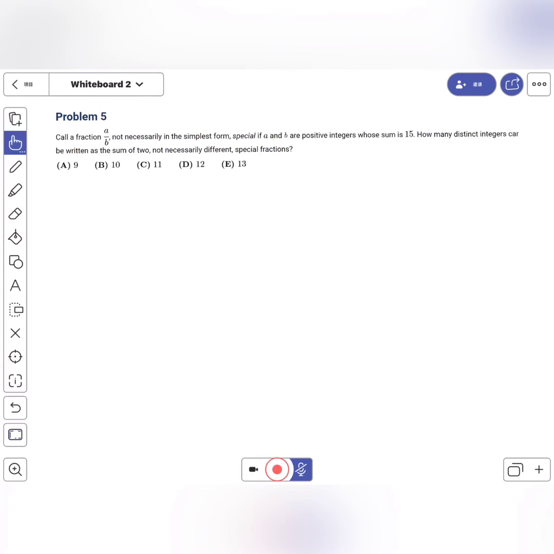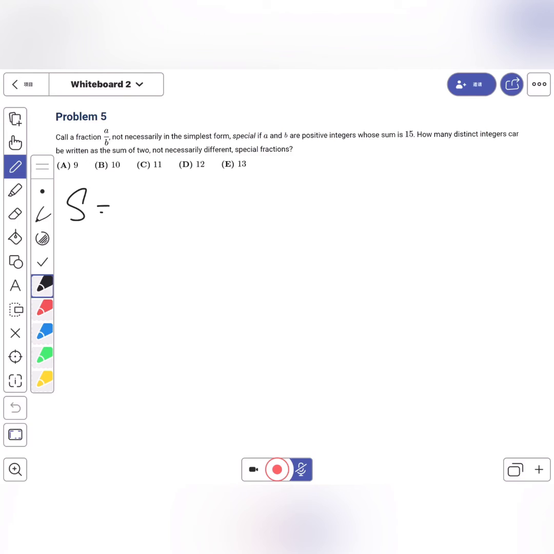A fraction is special, not necessarily in the simplest form, if a and b are positive integers whose sum is 15. How many distinct integers can be written as the sum of two, not necessarily distinct, special fractions? First, we're going to actually make this set.